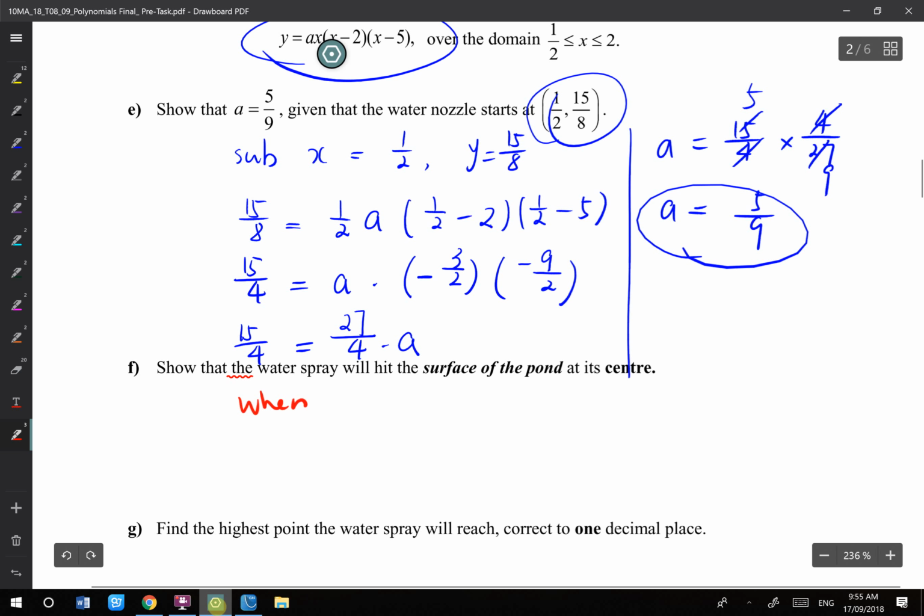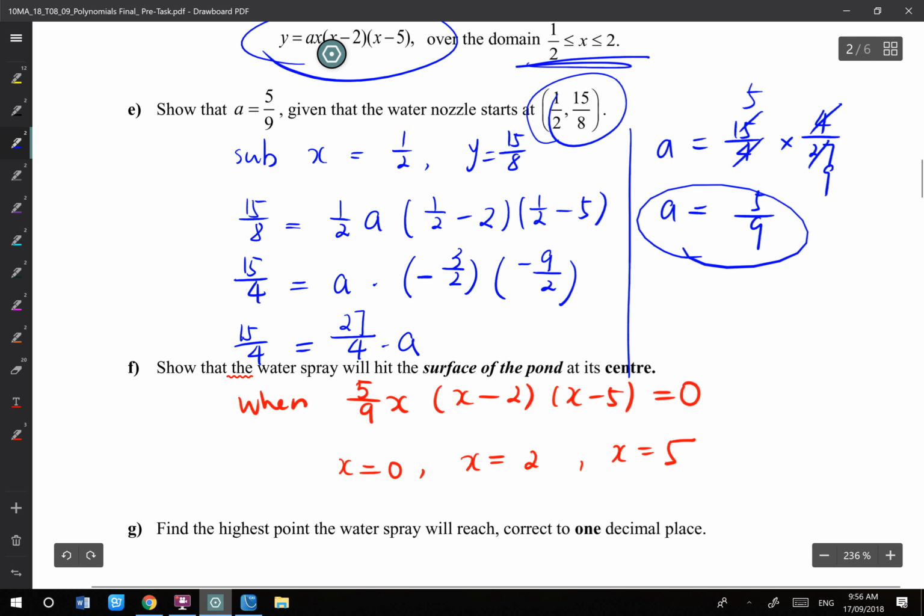When A is 5 over 9, 5 over 9 times x minus 2, x minus 5 equals to 0, because I want to see where it crosses the x-axis. We have x equals to 0, x equals to 2, and x equals to 5. But because the domain is only a half to 2, the 0 and 5 are not reasonable answers. So the only answer we have is x equals to 2.